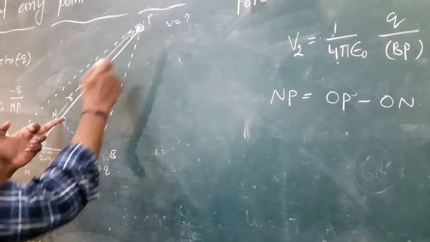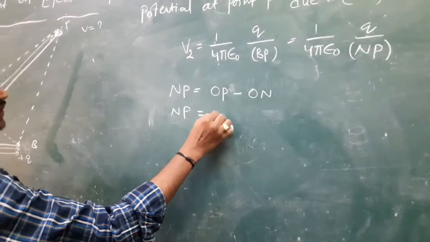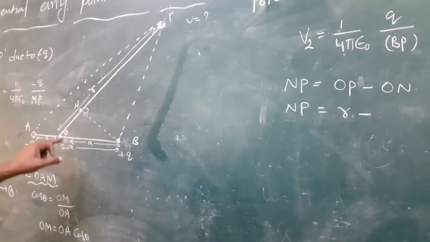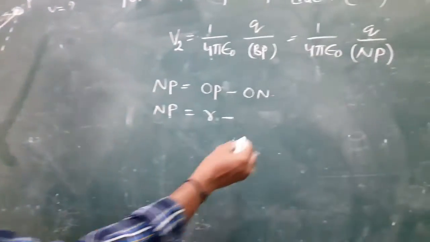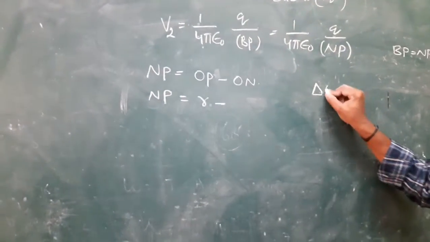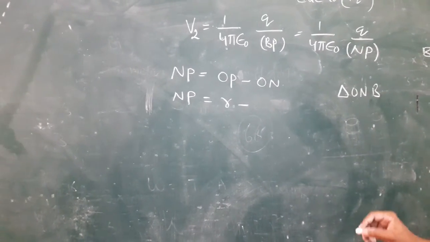Therefore NP is equal to R minus ON value. From this triangle we can measure. Therefore from triangle ONB, what is that?